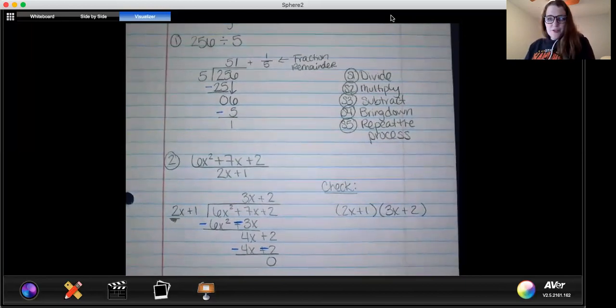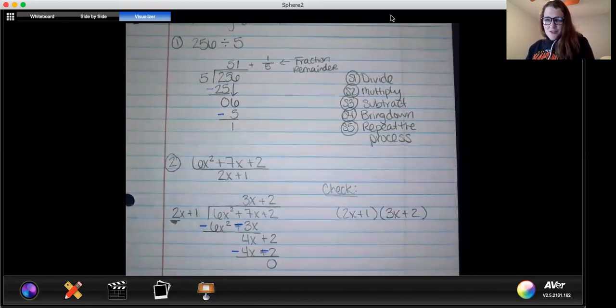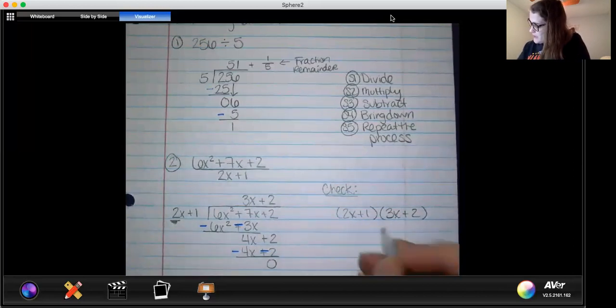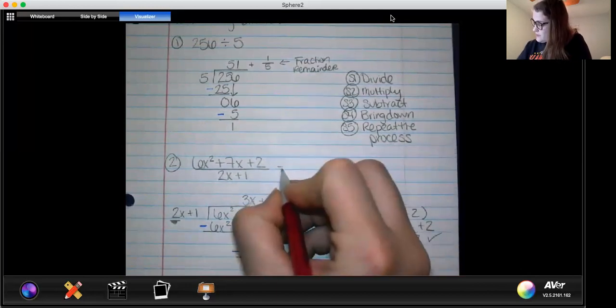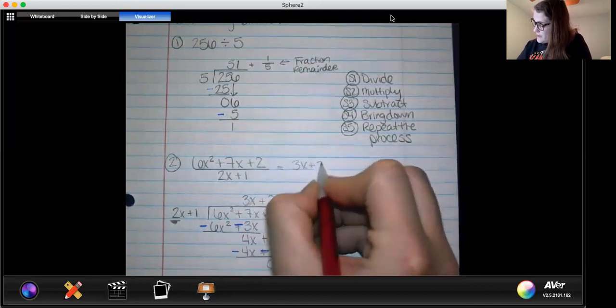You multiply it just like the lesson we just learned, multiplying polynomials. So I have 2x times 3x, 2x times 2, 1 times 3x, and 1 times 2. Combine like terms, and I got my original dividend. So I must have gotten this answer correct. So 3x plus 2 is the answer.